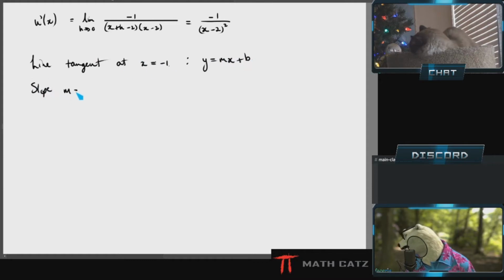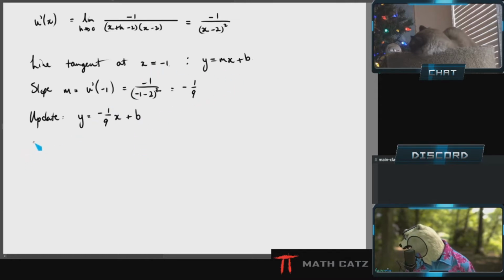The slope m is exactly the derivative at this x value in question, which is negative 1 over negative 1 minus 2 squared. So that is negative 1 over negative 3 squared, so negative 1 over 9. Let's update to y equals negative 1 over 9 x plus b.